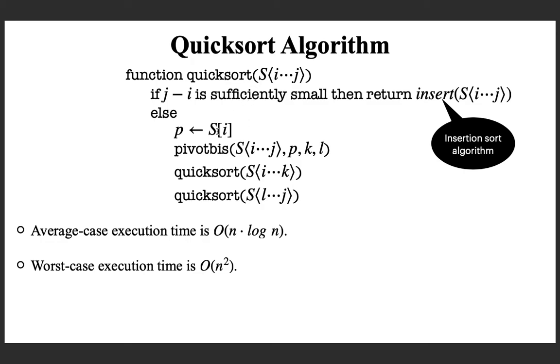And whatever be the pivot that you select in a deterministic algorithm, one can come up with an input instance which will cause the algorithm to take order of n square time. So the quicksort is taking n log n time for the average case and order of n square in the worst case.